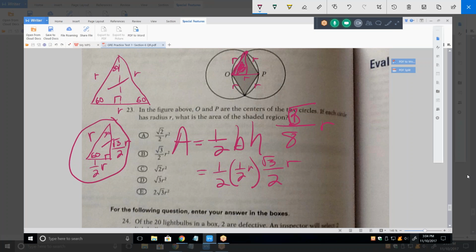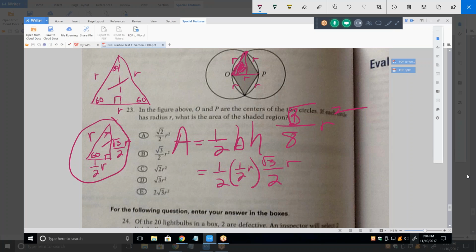No, because you multiply all three bottoms, regardless of what they are. Oh, okay. So it's 2 times 2 times 2, which is 8. Multiply all three tops, which is 1 times root 3 times r. So it's r squared, excuse me. Square root of 3 over 8, r squared.